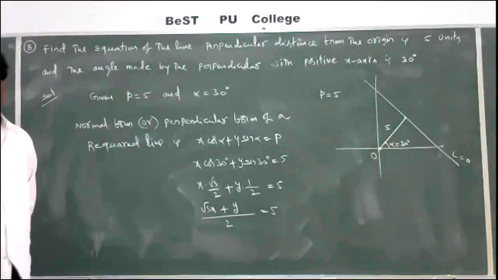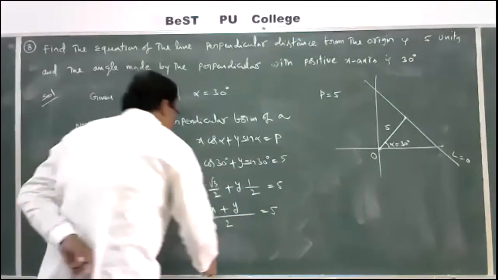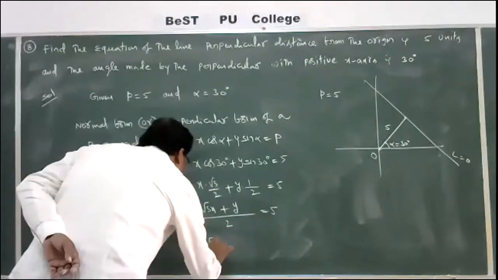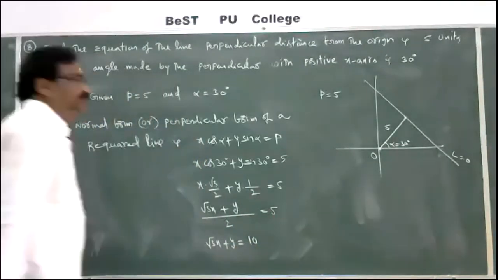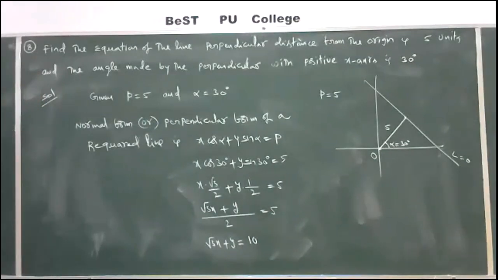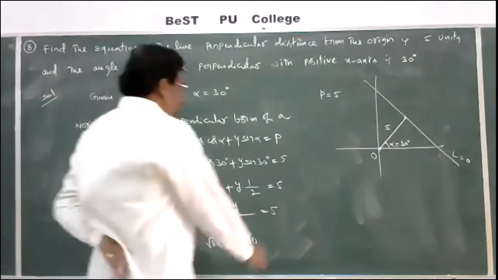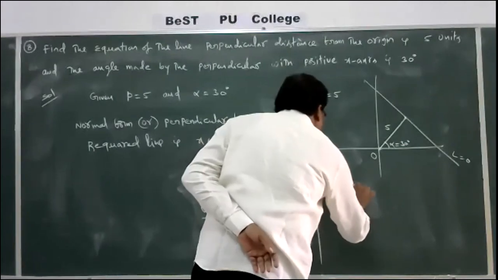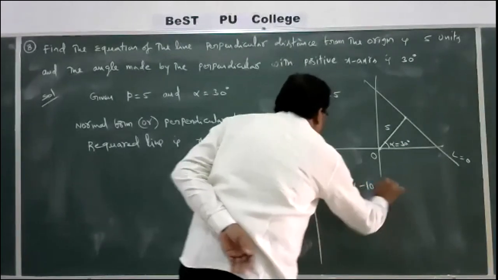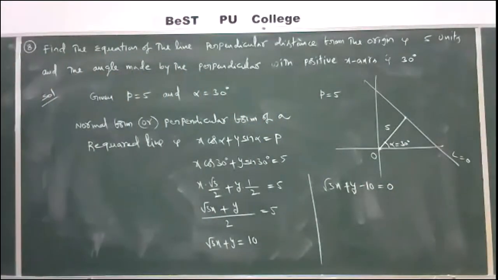Then cross multiplication: root 3x plus y is equal to 2 fives, 10. So the required line equation is root 3x plus y minus 10 is equal to 0.